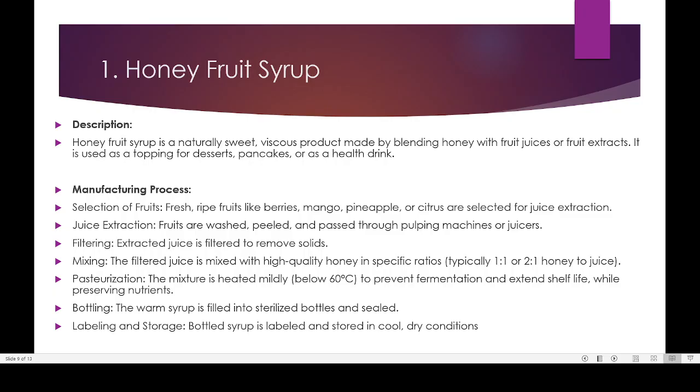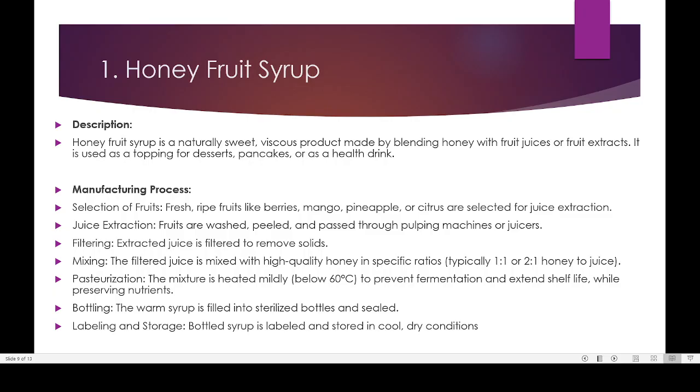See here, this is our honey fruit syrup. Honey fruit syrup is a natural, sweet, viscous product. Viscous means thicker, just like a gum. It is made by blending honey with fruit juices. So that is the nature of honey fruit syrup.